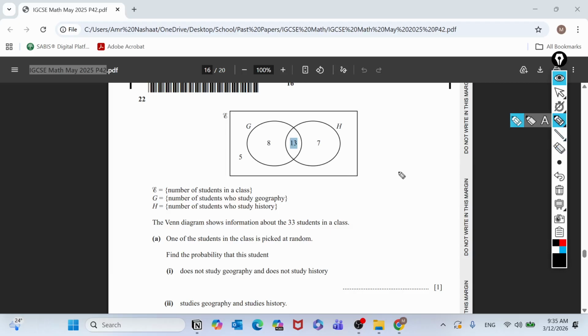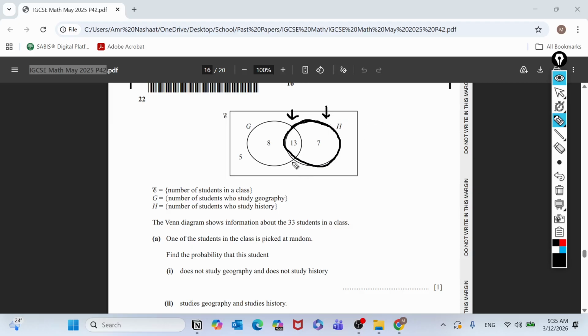This one is a little tricky, but it's okay. You're picking out of the people that study history, so you're picking out of these 20. You can ignore the rest. We want one from here and one from here.